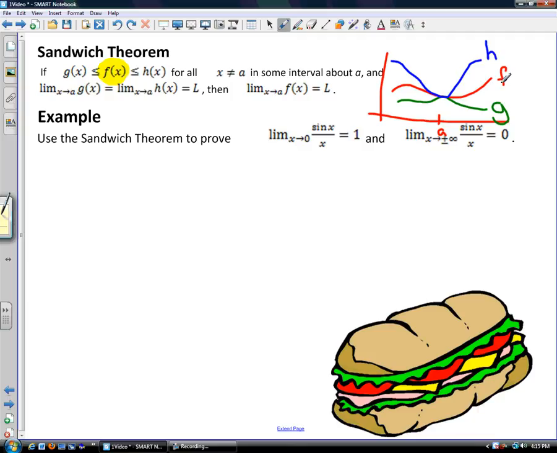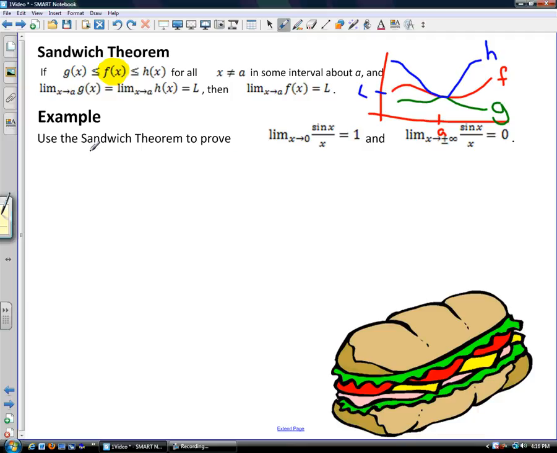So f is sandwiched in between h and g, and if I know the limit of g of x as x goes to a is some value L, and the limit of h of x as x goes to a is also L, well then f, since it's squished in between those two, also has to go to L as x goes to a. That's all that says.